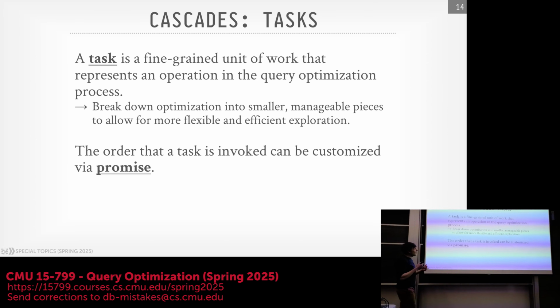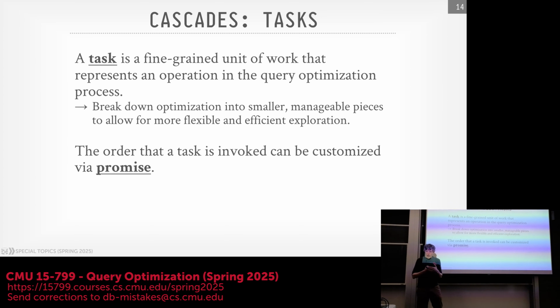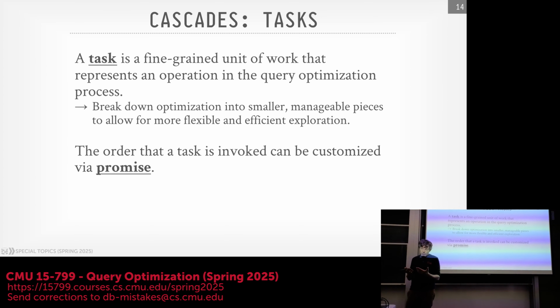The idea is that by breaking down the optimizations into smaller pieces that ideally are independent, we're allowing the query optimizer to learn on its own the best way to apply them, the order to apply them.